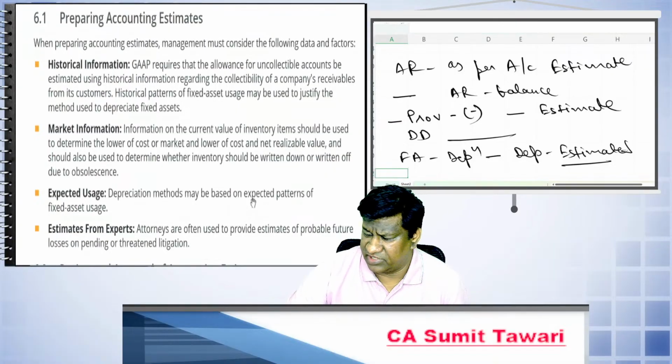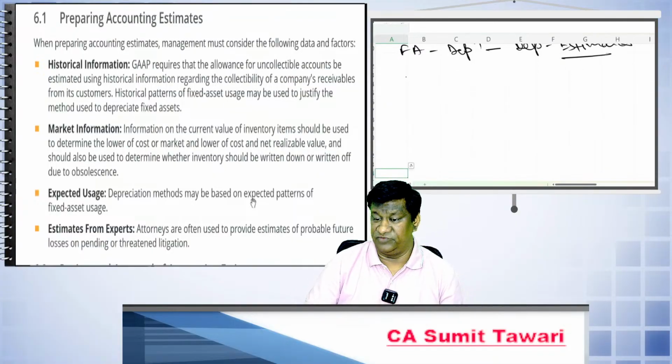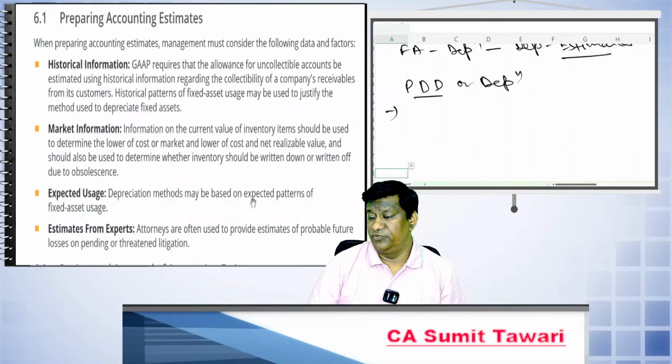Okay, so can you give any example besides provision for doubtful debt or depreciation, any other example where we are using estimates? If you ignore these two, any other?